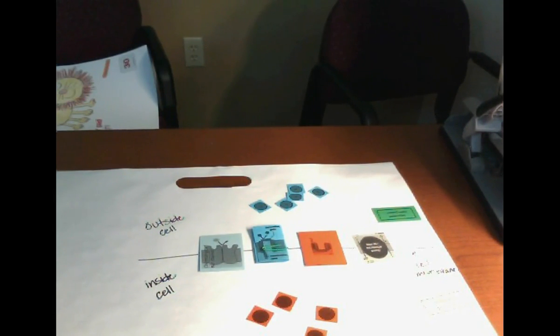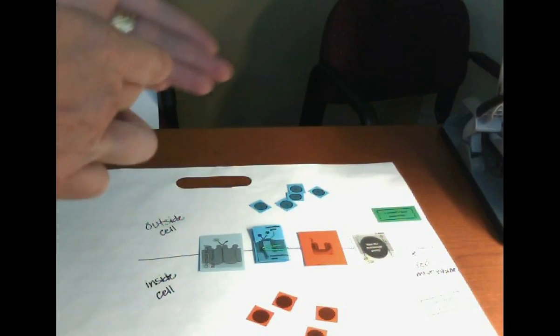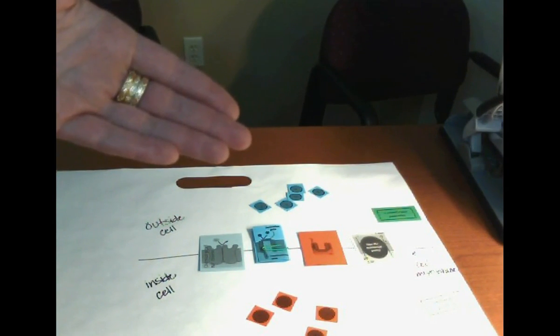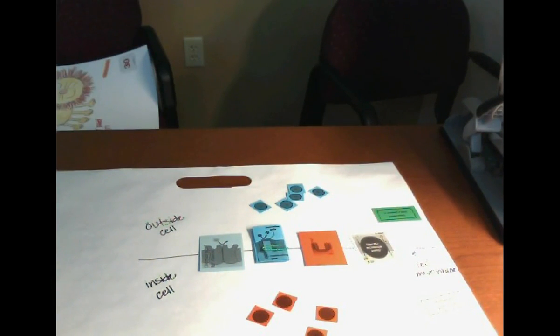So, for example, let's say I cut my hand. My body is going to release a chemical called substance P. Substance P is a neurotransmitter.